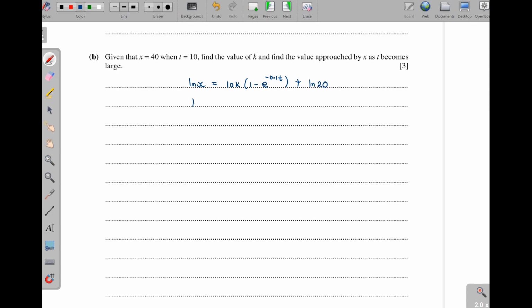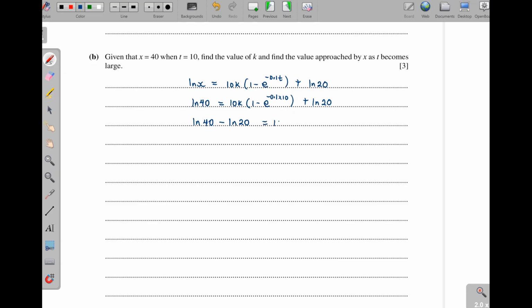Now x is 40, so we shall have natural log of 40, which is equal to 10k, and then 1 minus e to the power of negative 0.1. Our t is 10, then plus the natural log of what? 20. I can bring this on this side, then we get natural log of 40 minus the natural log of 20.